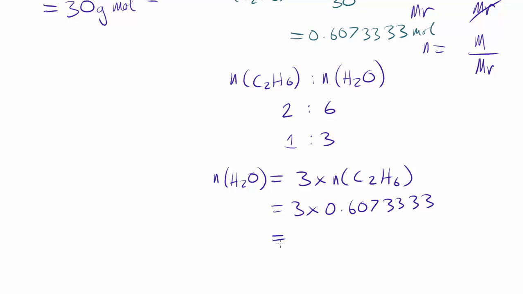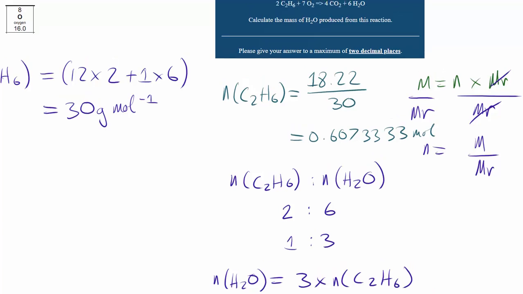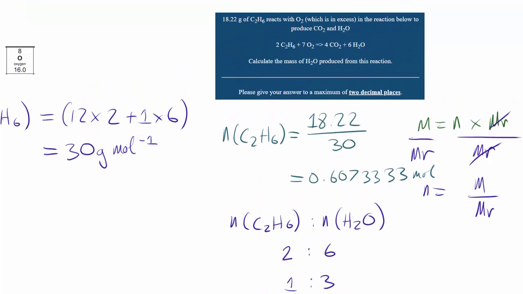If you work that out, you should find you get 1.822 moles. So this is the number of moles of H₂O, but we've been asked to calculate the mass of H₂O, so there's still an additional step.